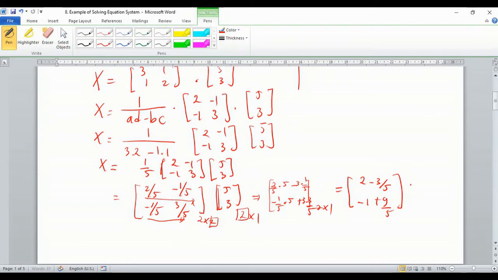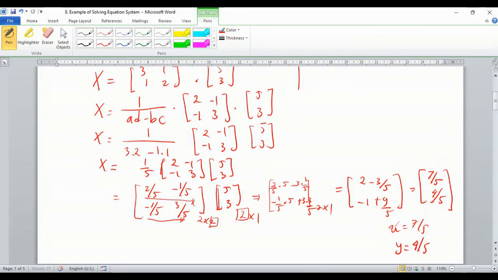The result is 10 minus 3 is 7 over 5, and then 4 over 5. So the value for X is 7 over 5 and Y is 4 over 5.